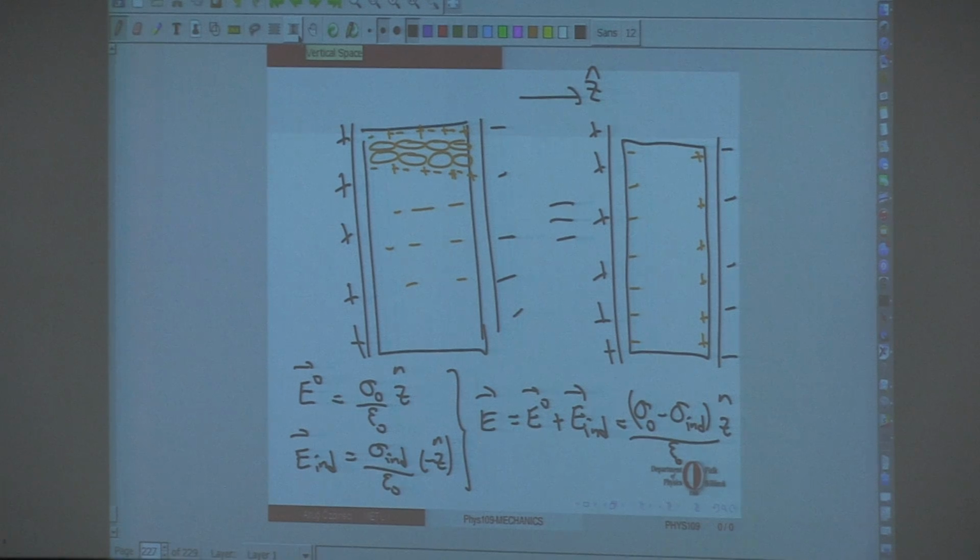Now, the thing that we did is we had seen that after all this discussion, the effect of the insulator is just to modify this coefficient epsilon 0. Well, air itself is a dielectric.